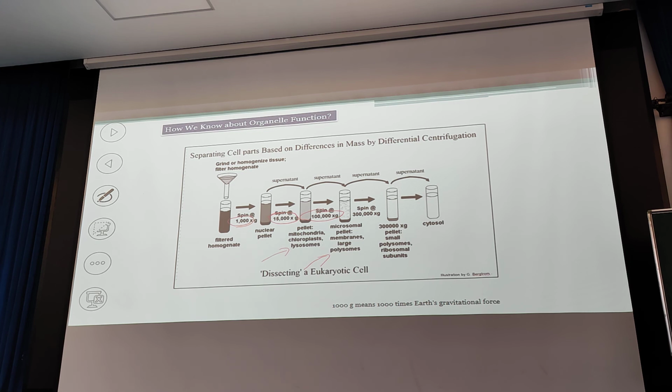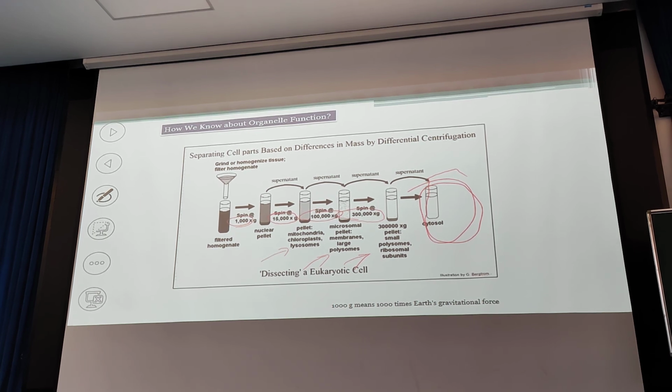And at 300,000 G, it can separate the small molecules and ribosome subunits. And the red part is the cytosol, where I said that the cytosol is the cytoplasm that includes the organelles. So the biochemical analysis of the isolated cell fractions can reveal what different organelles and cellular substructures do.